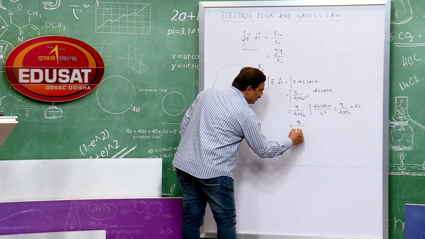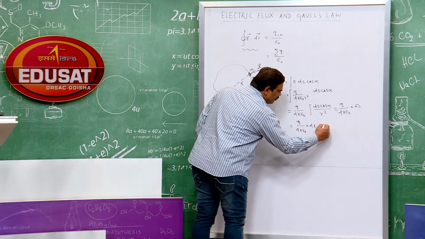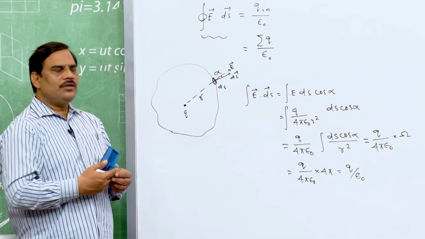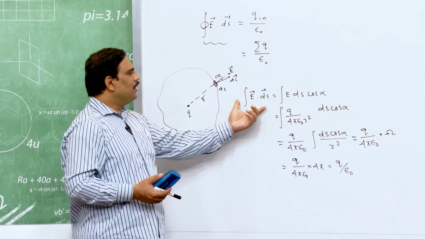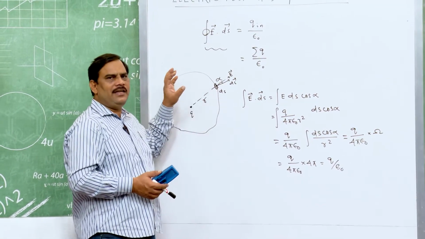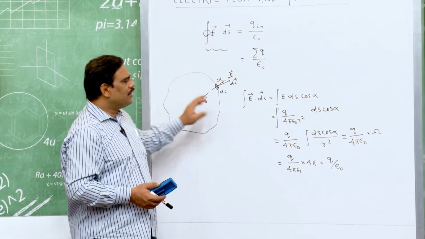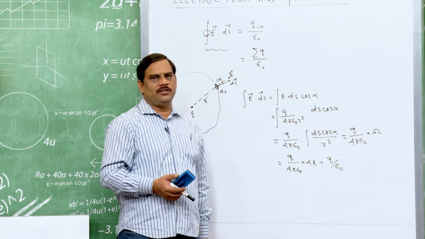So, it is q divided by 4 pi epsilon naught into 4 pi. So, this is q divided by epsilon 0. This is the proof of Gauss law. So, what we see is that the total flux coming out of a closed surface of any shape enclosing a charge q is the charge enclosed within the surface divided by epsilon 0.